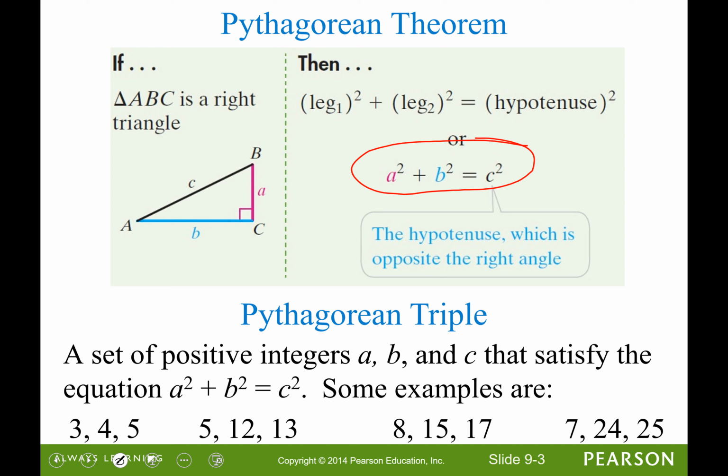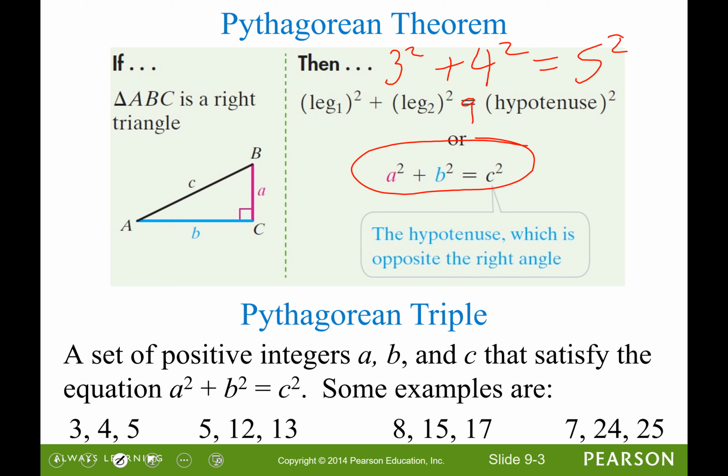Now let me show you how the 3, 4, 5, for example, satisfies the equation a squared plus b squared equals c squared. So we would set that up as 3 squared plus 4 squared is equal to 5 squared. And by satisfies that equation, it means we have balance. The left side is equal to the right side. So let's just check that.